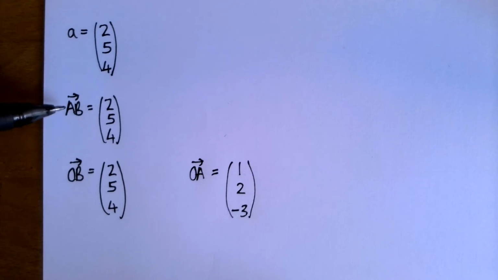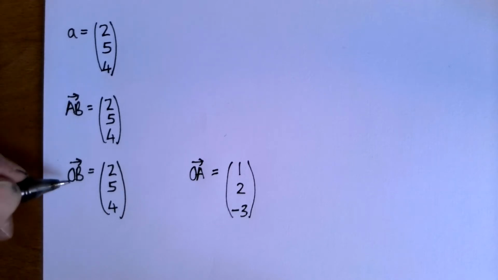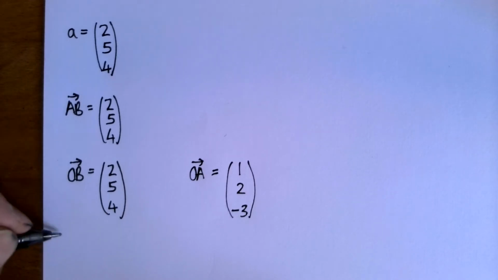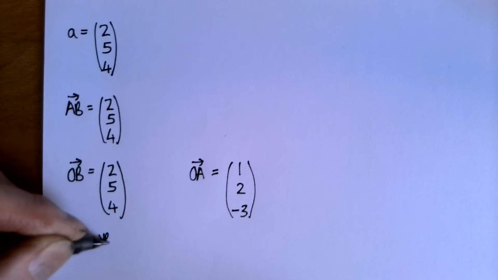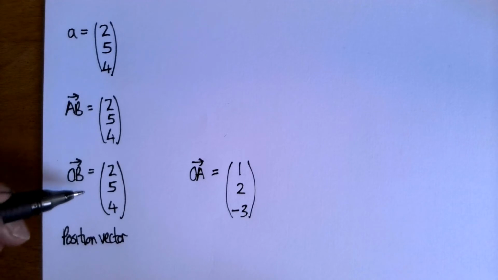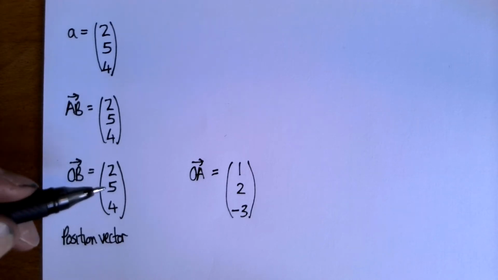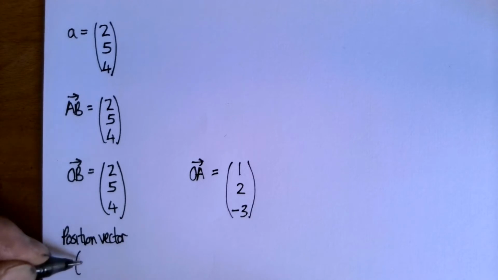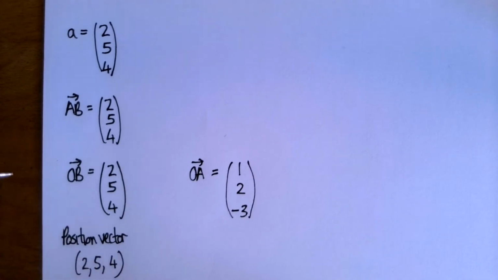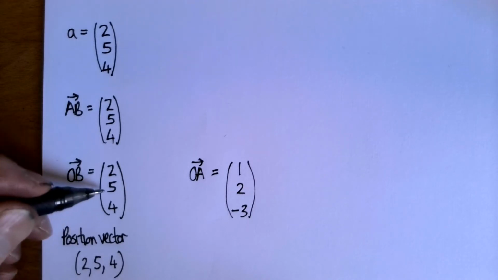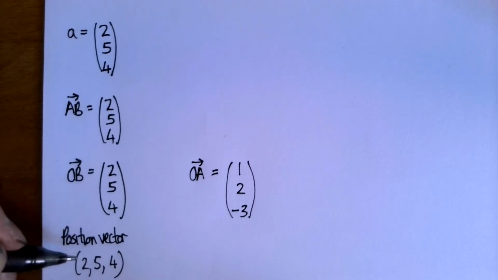This vector is describing the journey between 2 fixed points, so it's between a point A and a point B. And this vector is described as a position vector because it describes how you get to point B from the origin, from your starting point. And you can choose to write this as a 3-dimensional coordinate if you like. So this describes the journey to get to this point here.